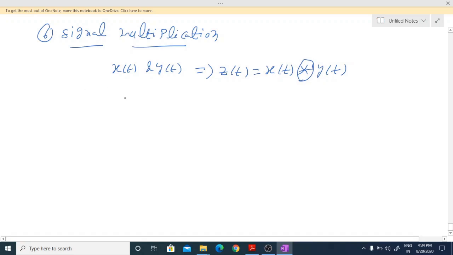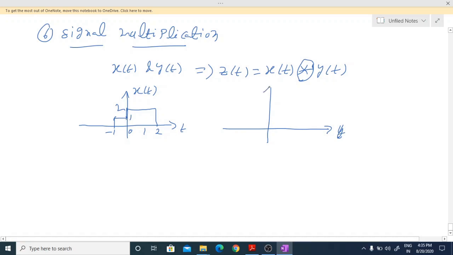So let us consider the same x of t and y of t. Here x of t has -1, 0, 1, 2, and the same previous example I consider, again with amplitudes 1 and 2, and y of t has 1, 3, with 0, 1, 2.